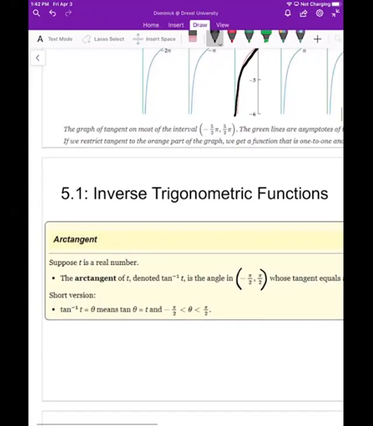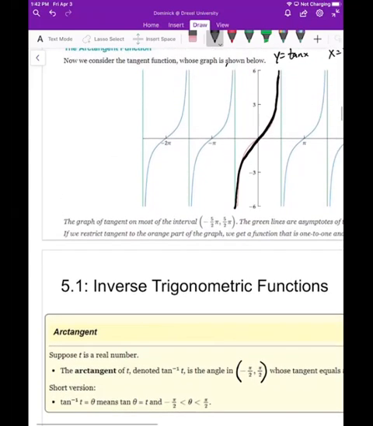Also, one thing to note here is that your tangent has a domain of all real numbers, and your range is also all real numbers. Your domain will exclude odd multiples of pi over 2.